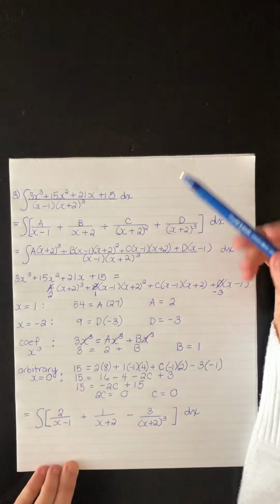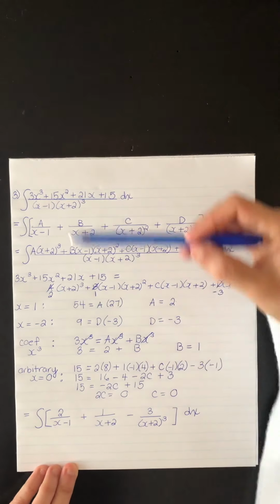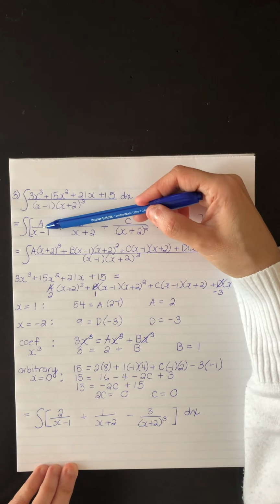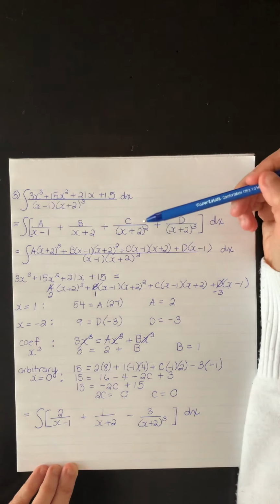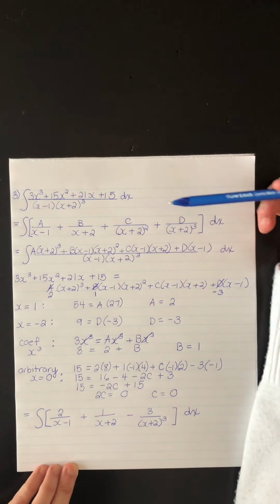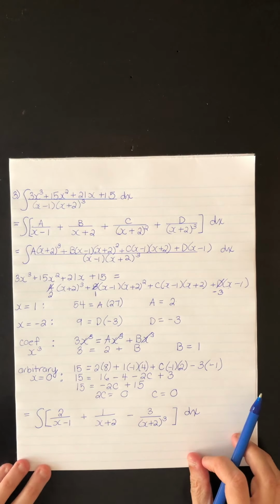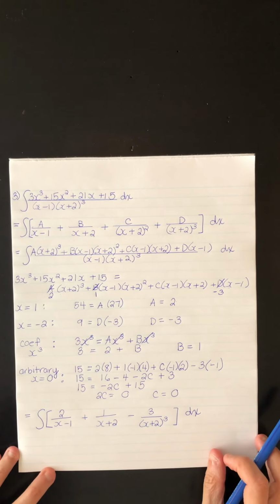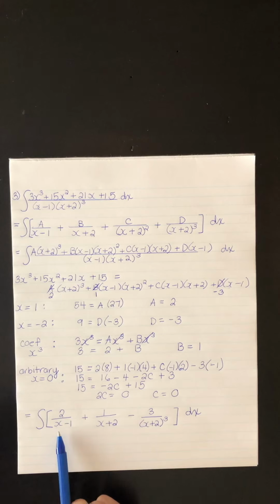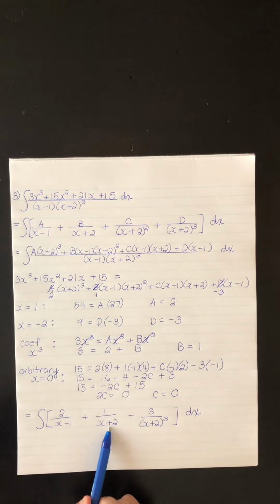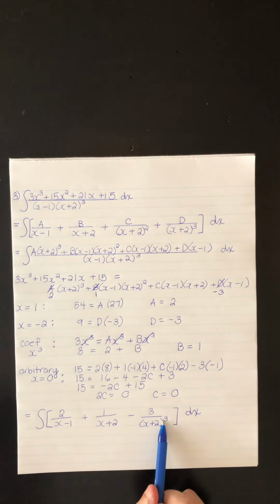So they resulted when I substituted a 2 here, a 1 here, a 0 here, and a negative 3 here. Okay, you should be able to tell these will be logarithmic. The exponents down here are 1. This one will not be logarithmic.